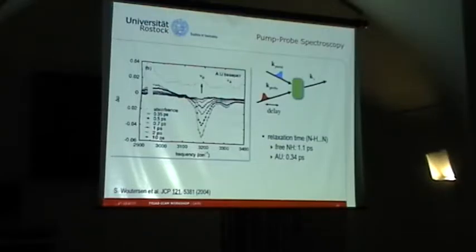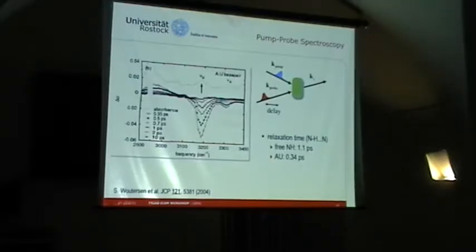Well, essentially the purpose of this paper was to show that hydrogen bonding in these base pairs accelerates vibrational relaxation. If you look at that paper, you find that, for instance, when you have a free NH vibration, so no hydrogen bonding, then the relaxation in the solvent is about 1.1 to 1.5 picoseconds.